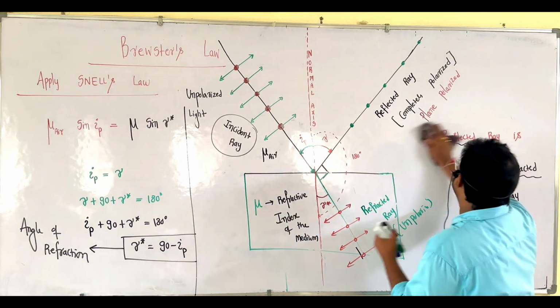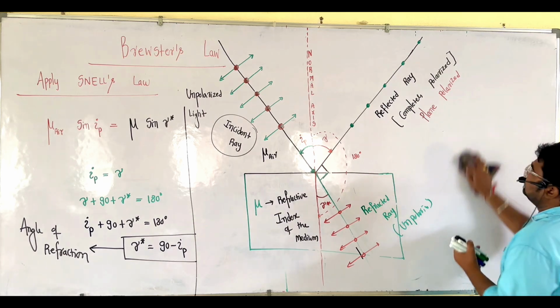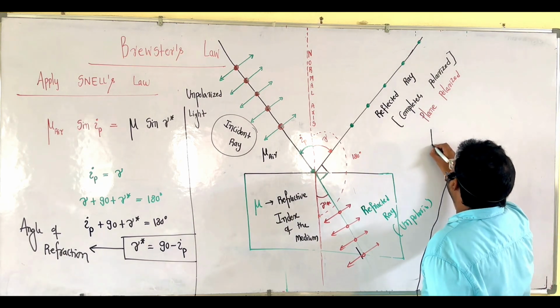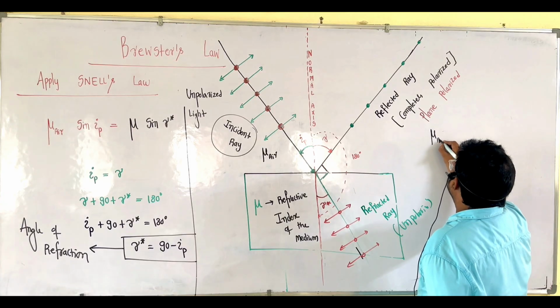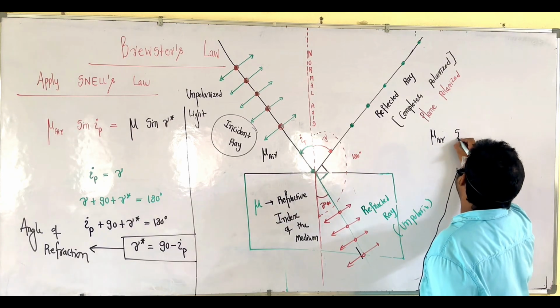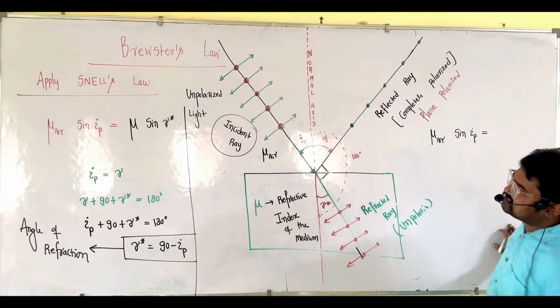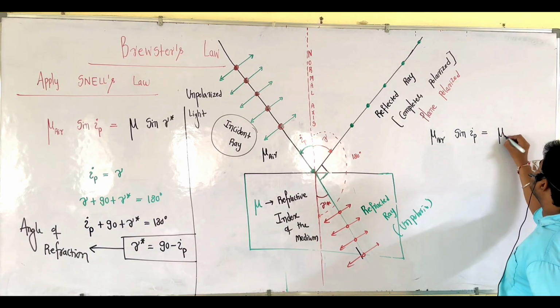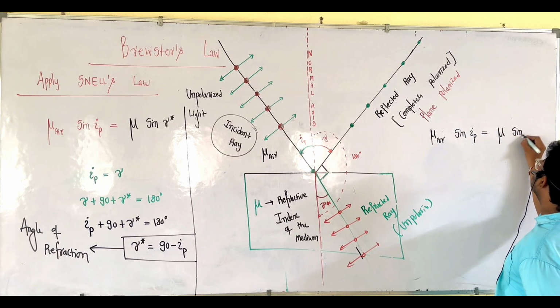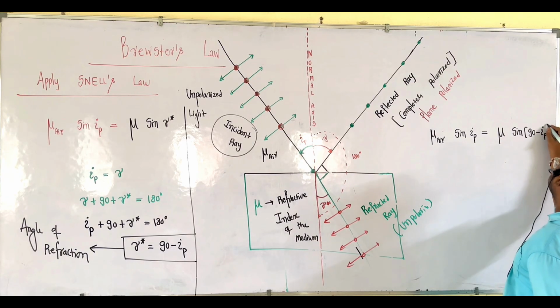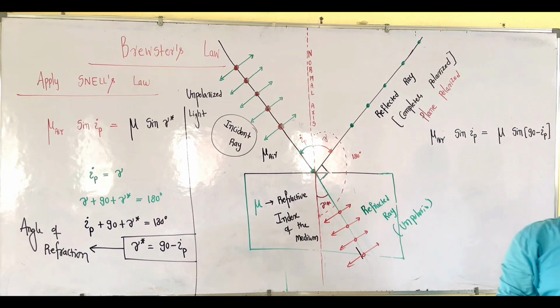Now we can write, see this: mu air sin IP equals the refractive index of the medium times sin R star. R star is how much? 90 minus IP. Polarizing angle.